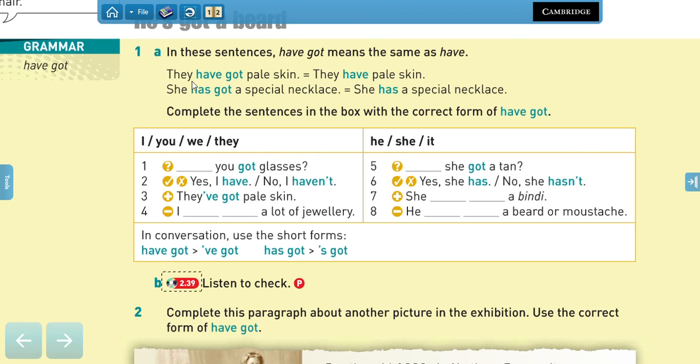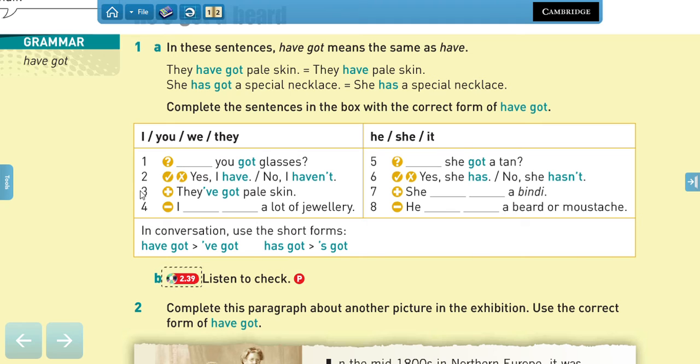So for example, if I say they've got pale skin, it's the same as saying they have pale skin. She has got a special necklace. She has a special necklace. The important part here is that for subjects I, you, we, and they, we use the expression have got. And for he, she, and it, we use has got.